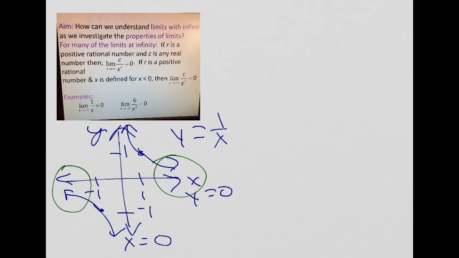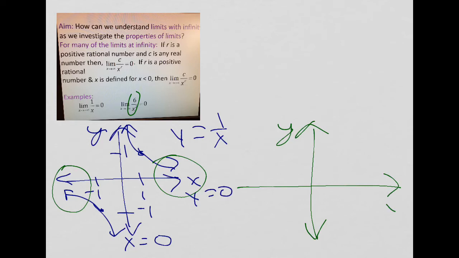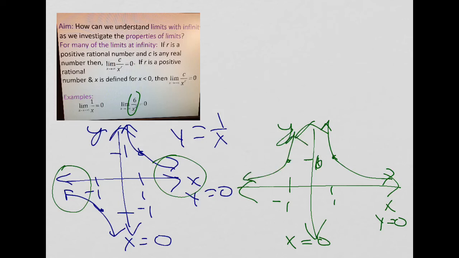And this may not be a common function, this is 1 over x squared, but it takes on the same type of look to its graph. This is a horizontal asymptote, this is a vertical asymptote, and we're sketching its graph anyway. So I'm going to make that a 6. It looks like this. So as x approaches negative infinity or positive infinity, it is also 0. So this is always true, and that is a definition we're going to use with our properties.